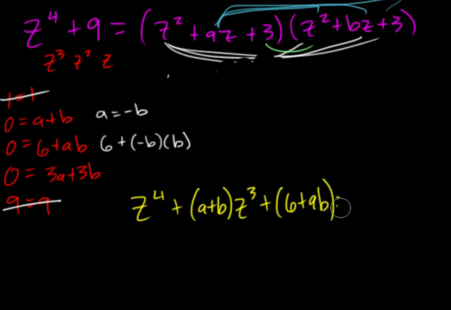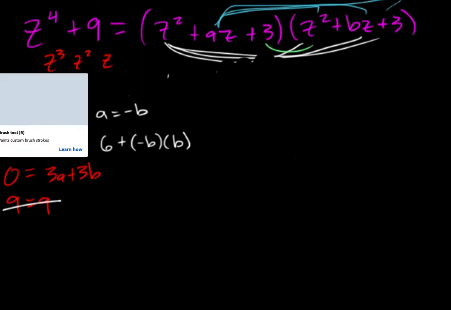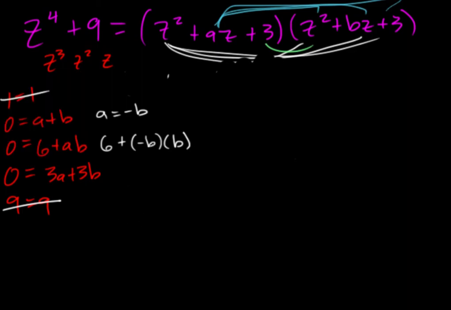We actually don't need this either. Okay, so if we do negative b times b, this is going to become 6 minus b squared, and it's still equal to 0 over here.